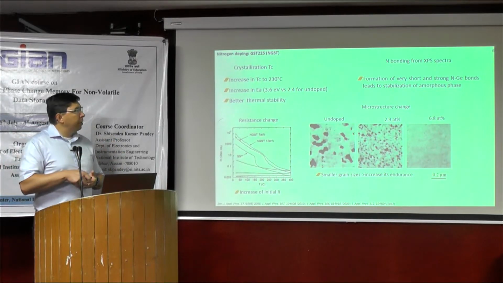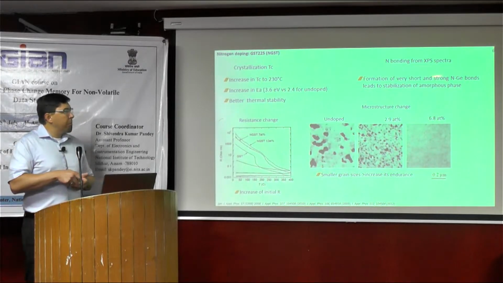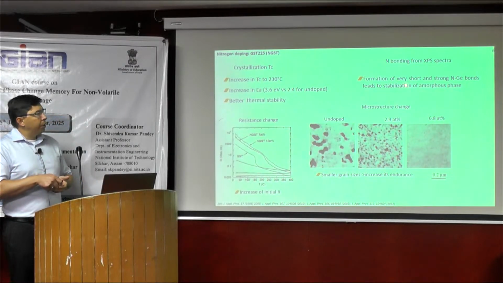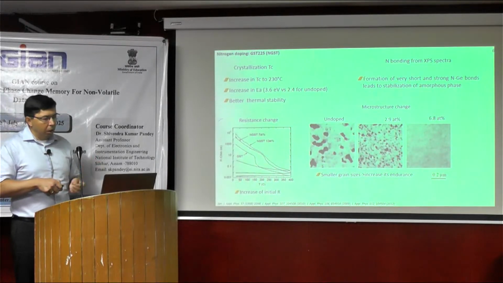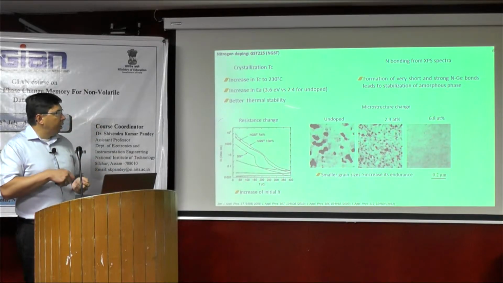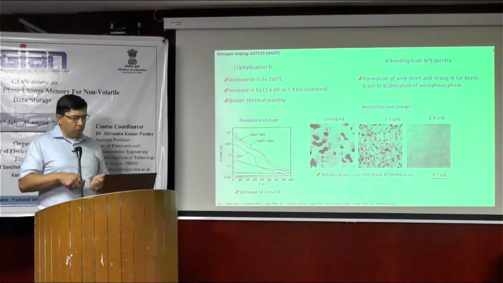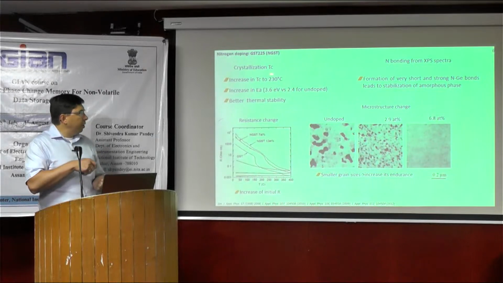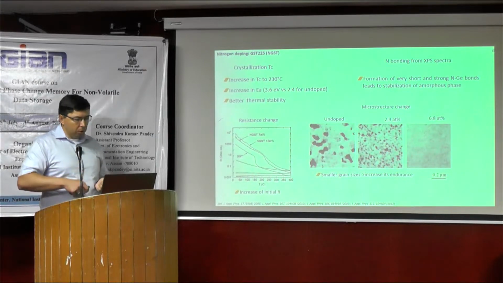Here the nitrogen makes bonds with the germanium, and this stabilizes the amorphous phase because breaking such bonds seems to be harder than the normal germanium telluride, antimony telluride bonds present in the amorphous state. So you see here a large increase of TC.